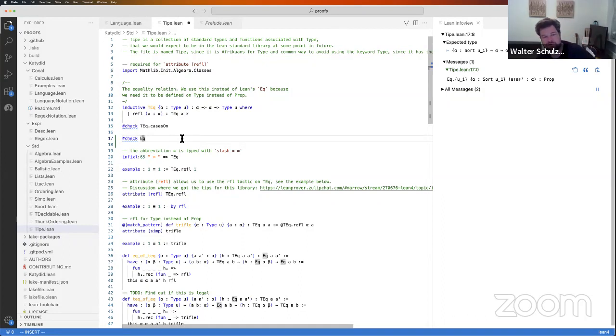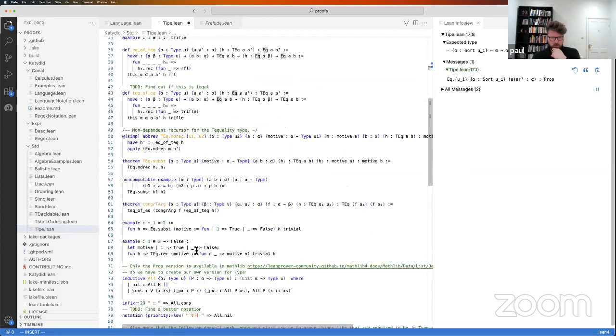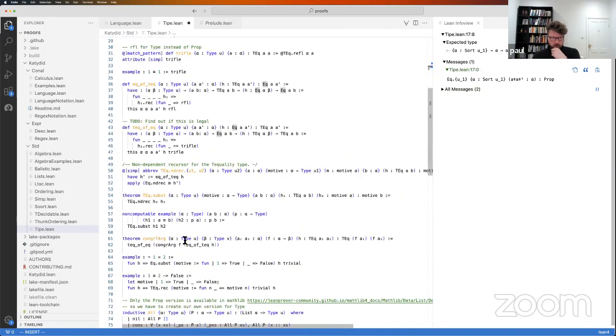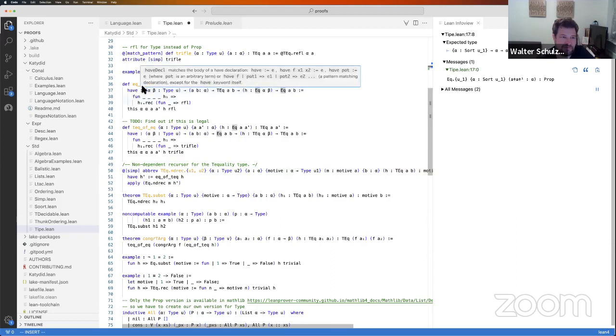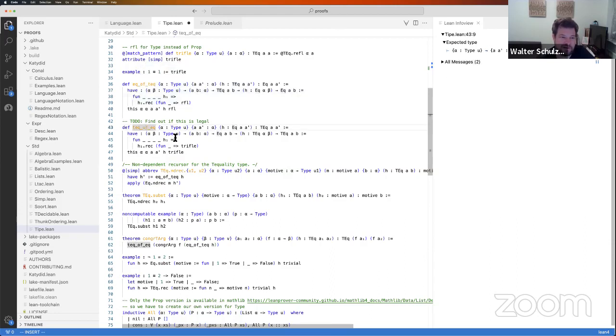But if you look below on line 36 and 43, you can see I have found a way, by copy and pasting and modifying. I didn't figure this out, but I found a way to go from TEq to Eq and back.